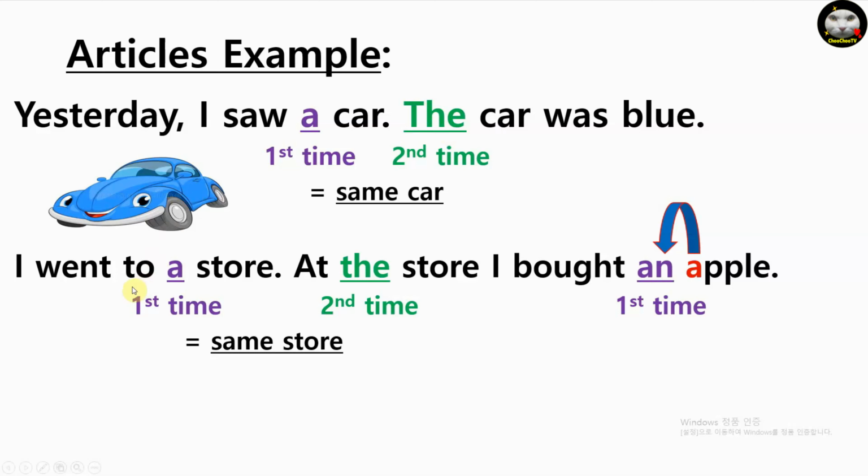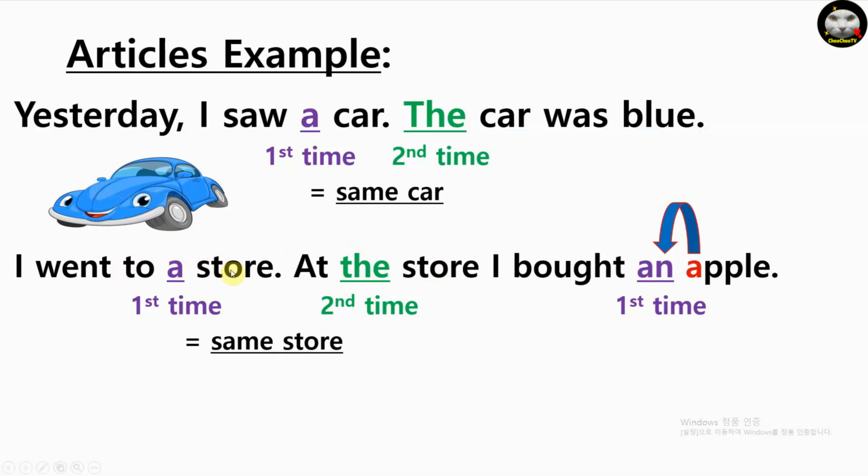Another example, I went to a store. First time to see the noun store, we apply article a. At the store, this is the second time to see the same noun, and this tells us it's the same store, not a different store.